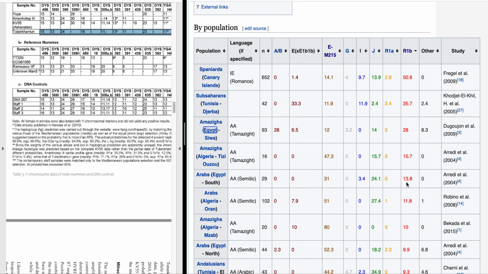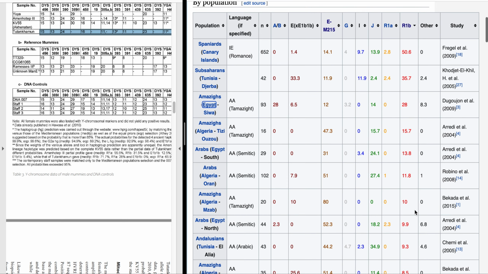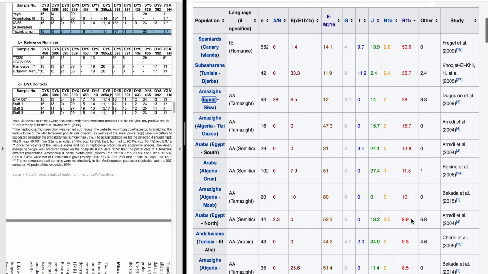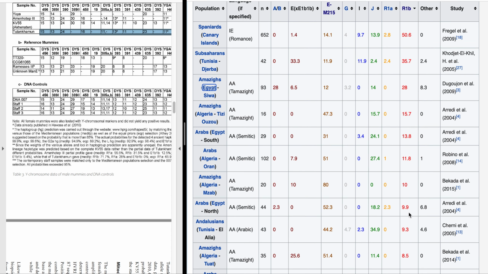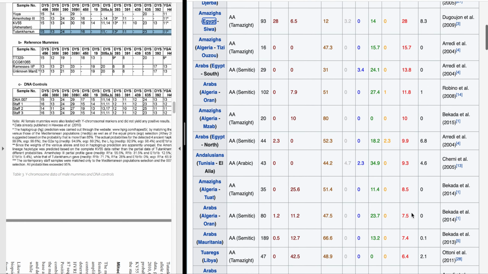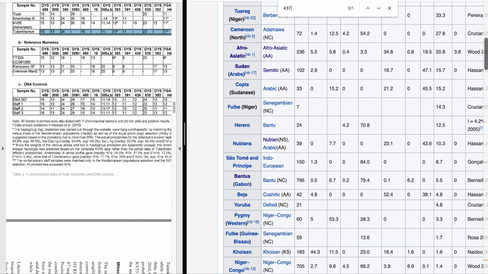Arabs, Egypt, 13.8%. Arabs, Algeria, 11.8%. Amazigh, Algeria, Mozabite, 10%. Arabs, Egypt, North, 9.9. So, as we can see, R1b is definitely in North Africa and Sub-Saharan Africa.